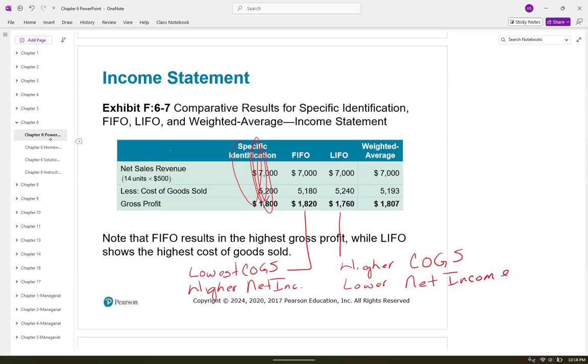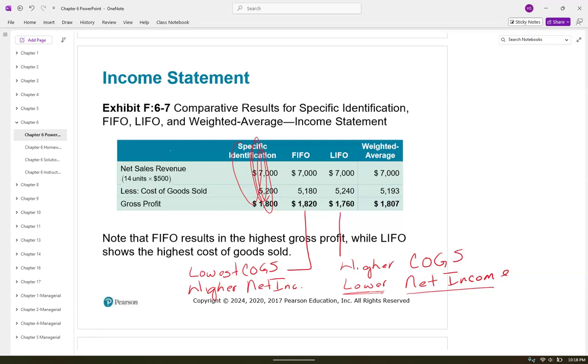But a lot of companies actually use LIFO, and you're probably thinking, why would anybody want a lower net income? Think about why you would want lower taxable income when you do your taxes sometime next year between January and April 15th. They want that lower net income so they can save money on taxes and not have to pay as many taxes.